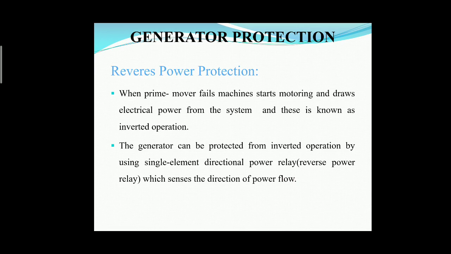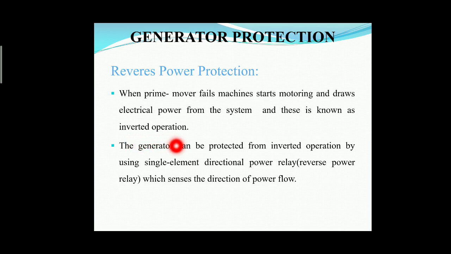It is one of the important criteria in the case of a generator or alternator. When the prime mover fails, the machine starts motoring and draws electrical power from the supply. It is known as the inverted operation.